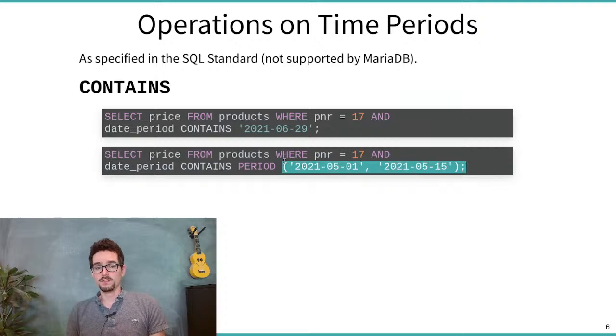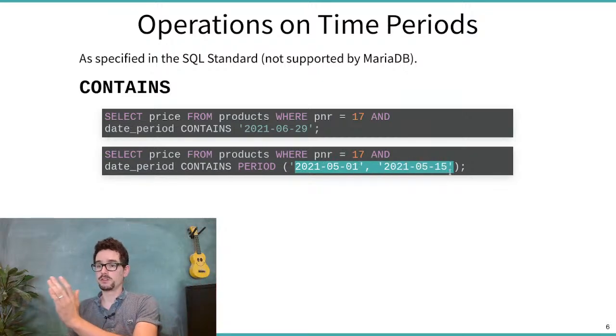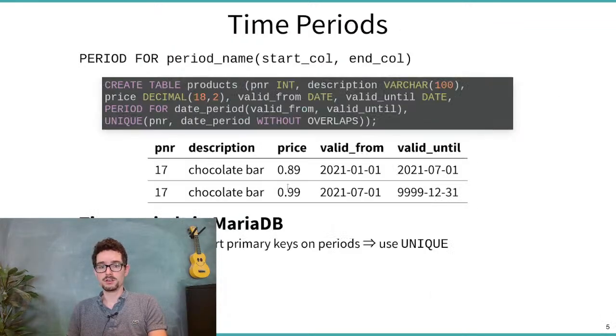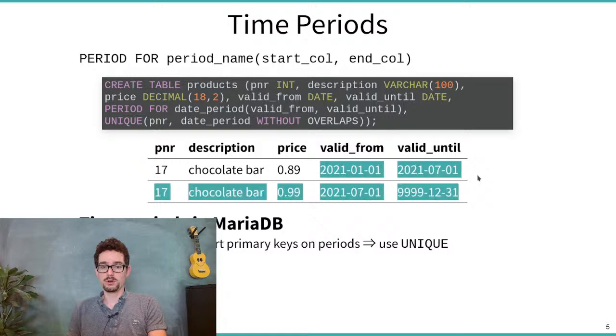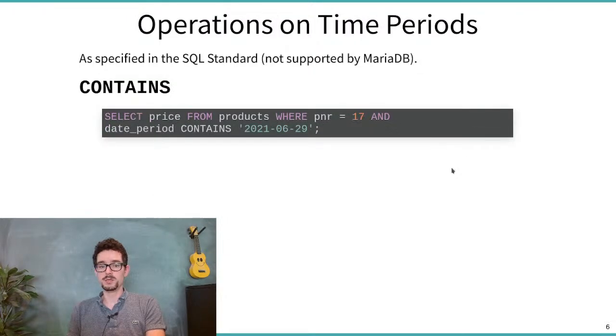This finds a row when a price was valid the whole interval from the 1st of May to the 15th of May. If it changed in between, then this query would not find anything, but in our case it would find this row here, because this interval here contains the interval from the beginning of May and the mid of May.